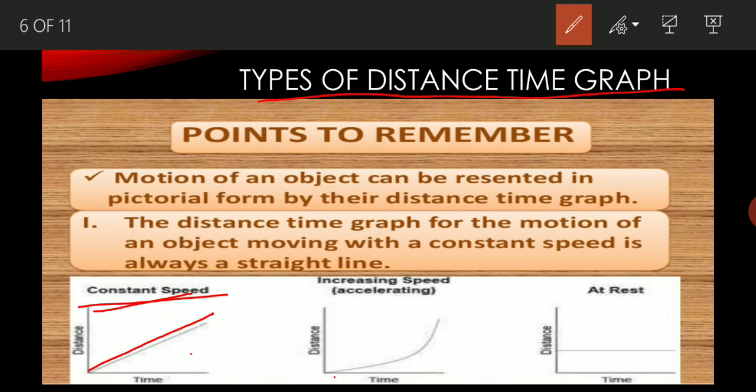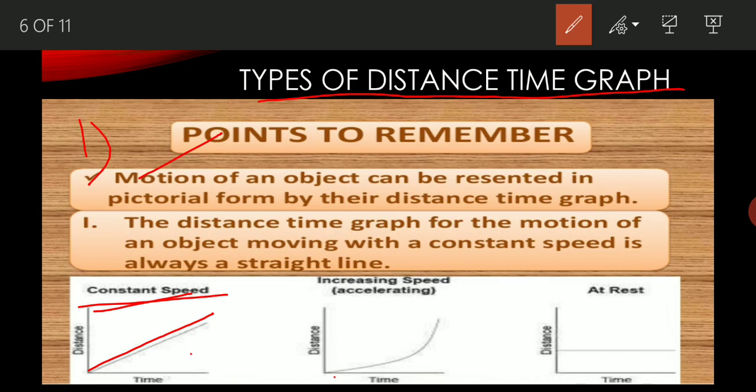I have explained already what uniform and non-uniform speed are. Clear? So I don't think there will be confusion about that. So the first point, if the distance time graph is a straight line, it indicates that the vehicle is moving with constant speed.